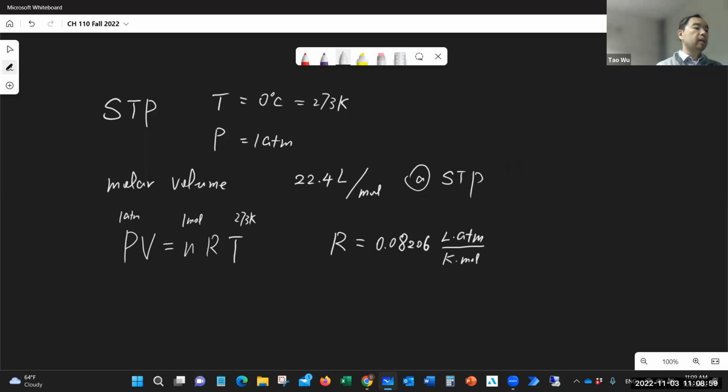So the volume should be in liters, the pressure in atmospheres, Kelvin for temperature, and mole for the moles of gas. If you're using those units, then you should use 0.08206. And once again, this number will not be given in the exam, so you'd better put that on the cheat sheet.